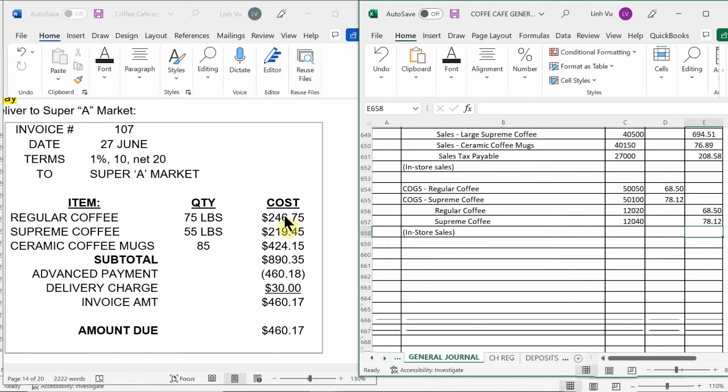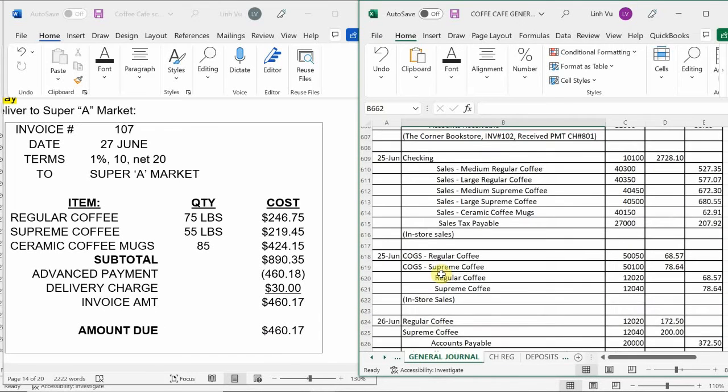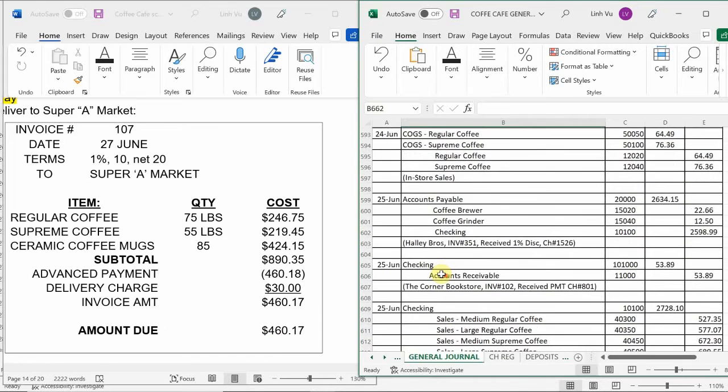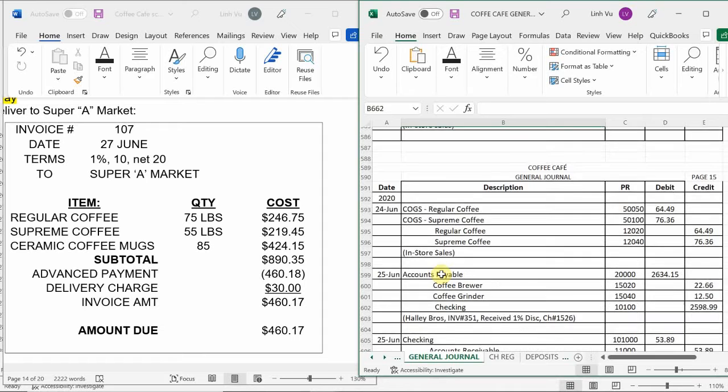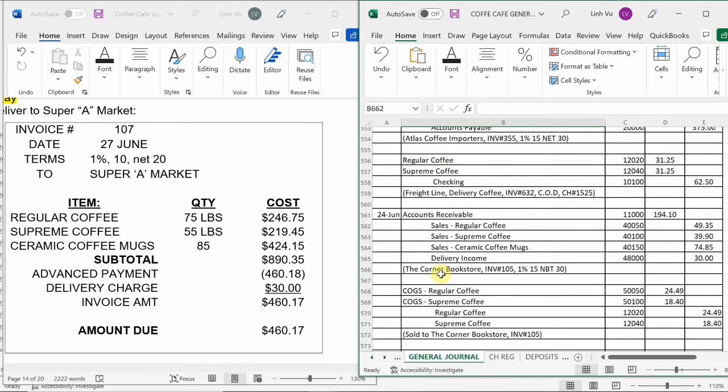We also have Super A Market owes me money. So let's see. Let me find a transaction here. So accounts receivable. Accounts receivable, sales, ceramic coffee mugs. Perfect.